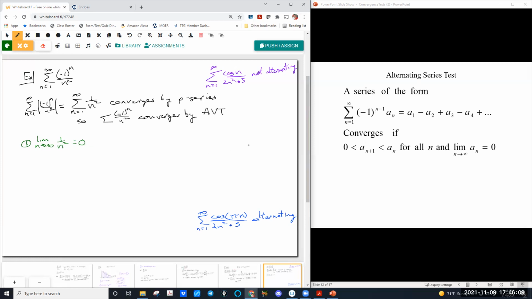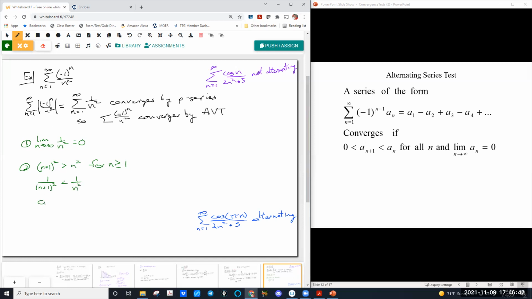And then the other thing that we need to show, well, let's see. We need to compare (n+1) quantity squared with n squared. And again, this is for n greater than or equal to 1. Well, clearly, (n+1) squared is going to be greater than n squared. Okay. Well, if we flip them both, we got 1 over (n+1) squared is less than 1 over n squared.